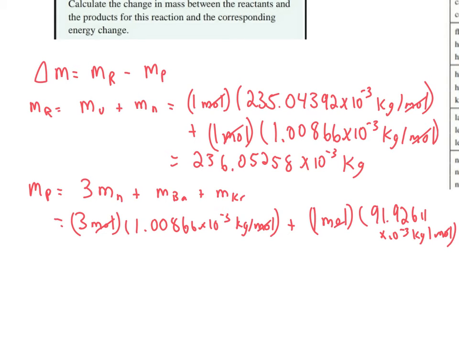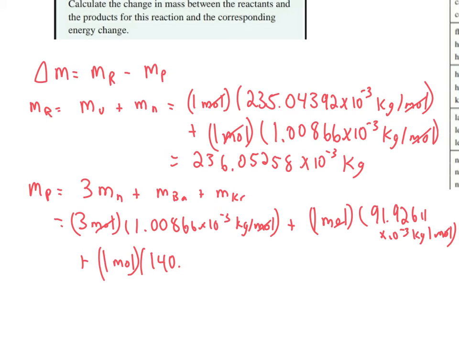So once again, moles cancel out. And we have one more addition here, and that's the mass of the krypton or the barium. I'm not even sure what order we're in here now, but this would be 1 mole multiplied by 140. I guess this is the barium-141, obviously.